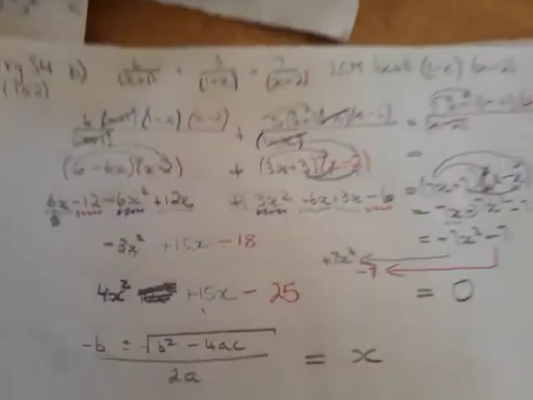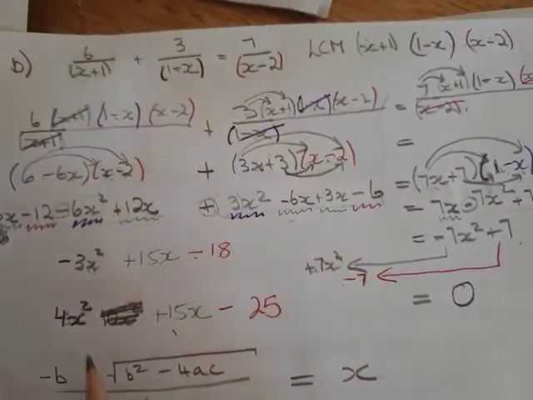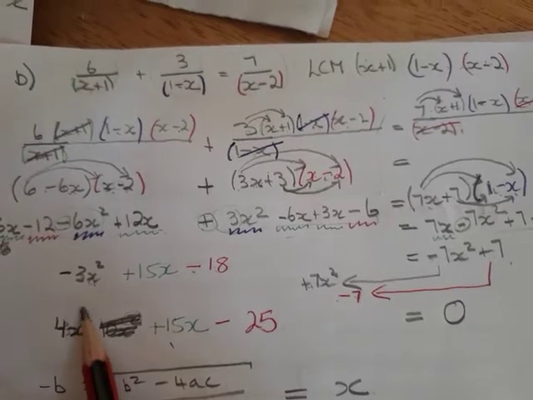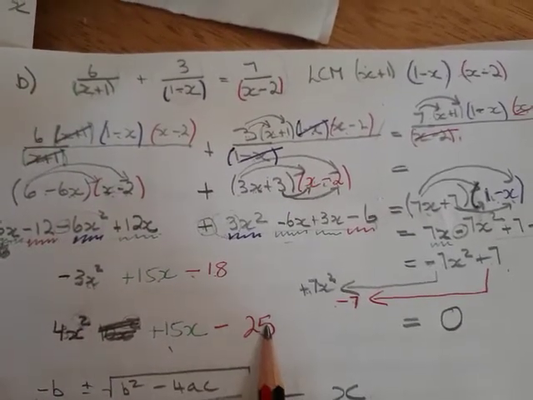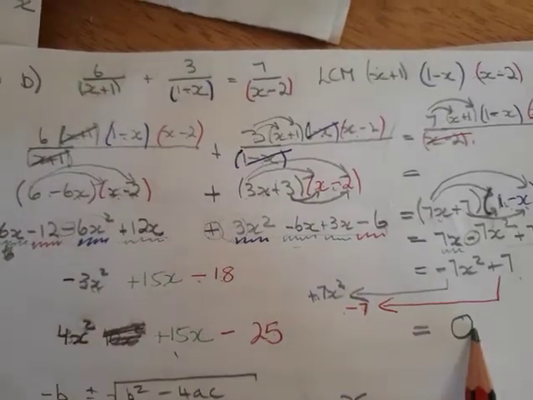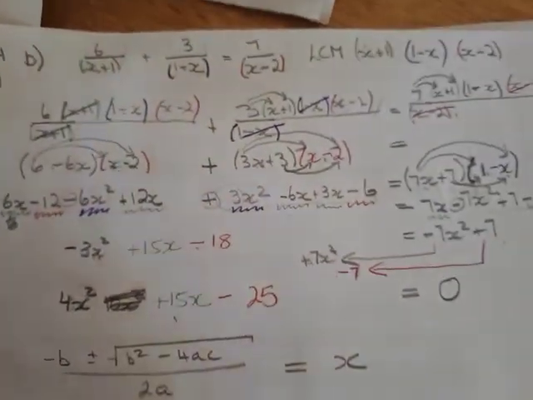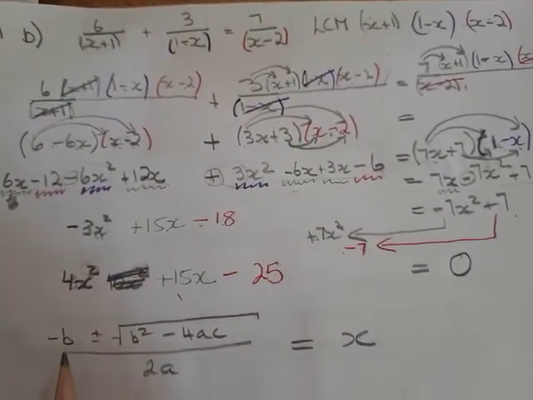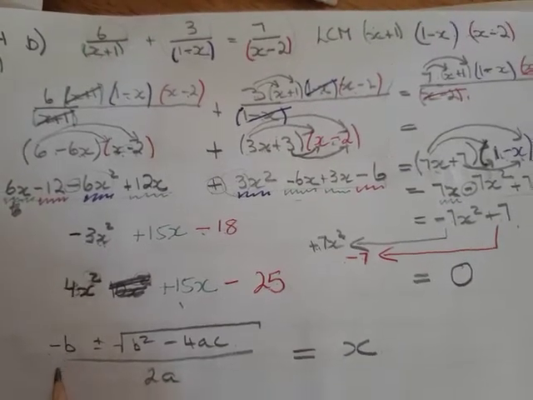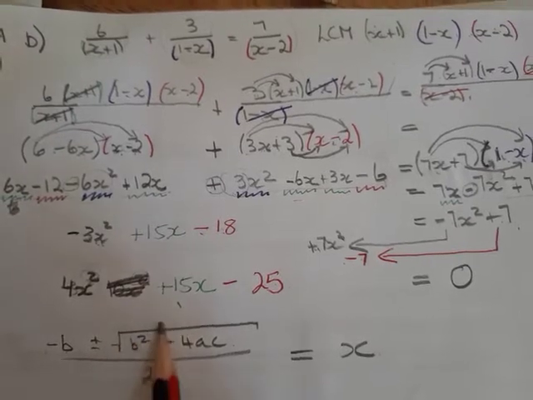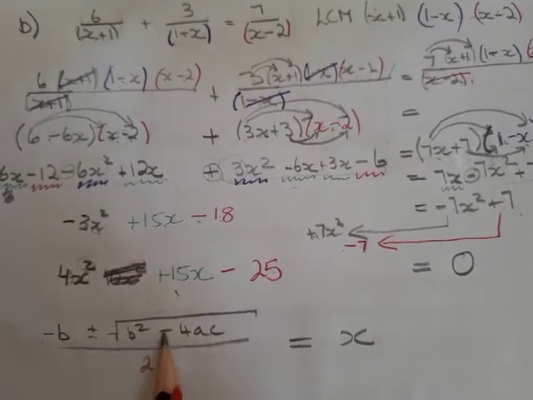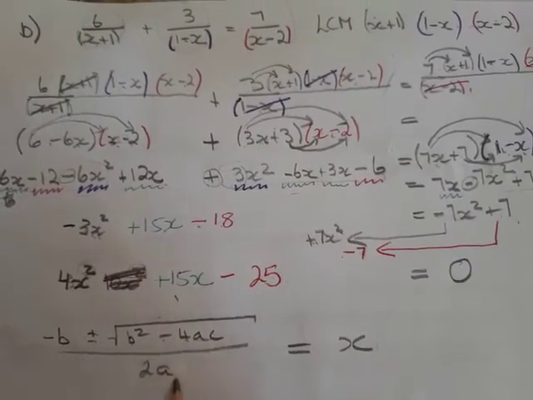Good, so let's now again do the second part. We've got a quadratic equation, which we recognize from the square, and we've got the three terms, people, equaling 0. I will again use the quadratic formula to solve this. So we've got x equals negative b plus minus square root of b squared minus 4ac over 2a.